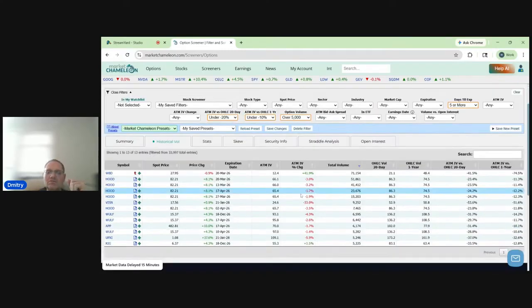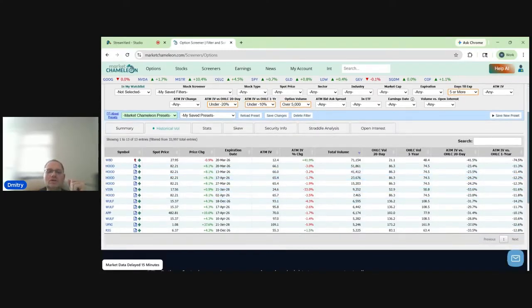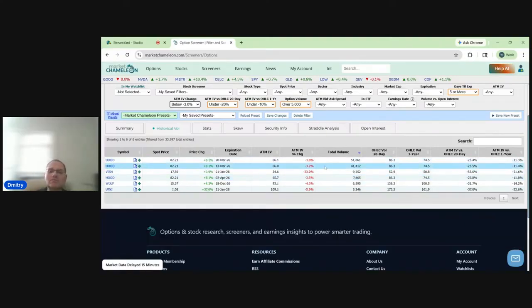In addition to that, one more thing, the at the money IV change. We could also look at something that might be weak today, where the implied volatility has gone down today or gone up. Matters what story you're looking for. If you want to see more weakness on the day, you could say, well, it was at least down 3% on the day.